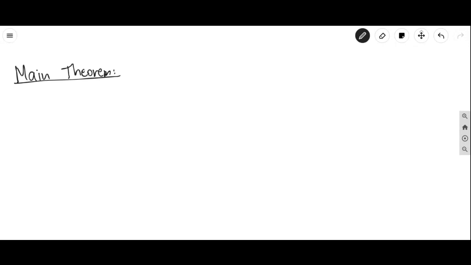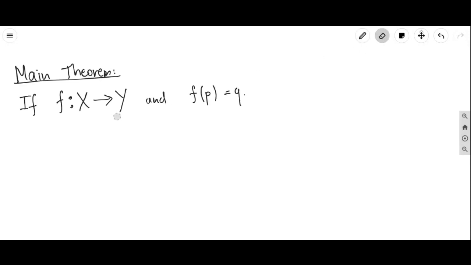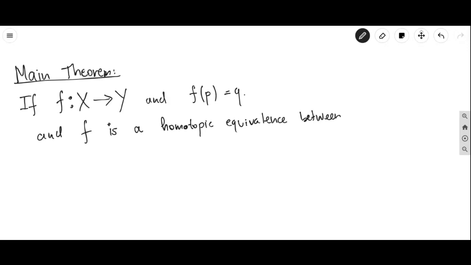And that is, if f is a continuous map between two spaces, and f of p is equal to q, let's say it maps some point p to some other point q, and f is a homotopic equivalence between x and y, between these two spaces.